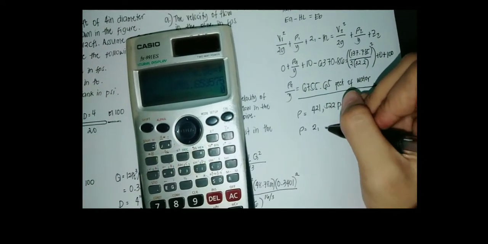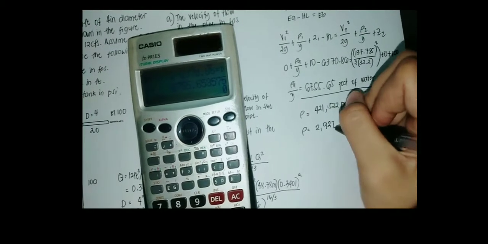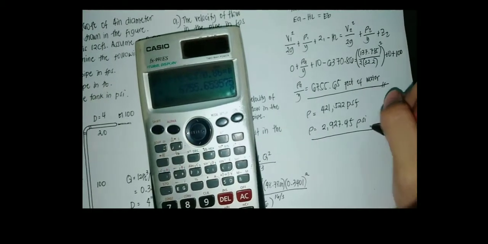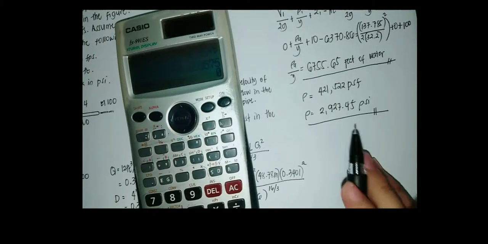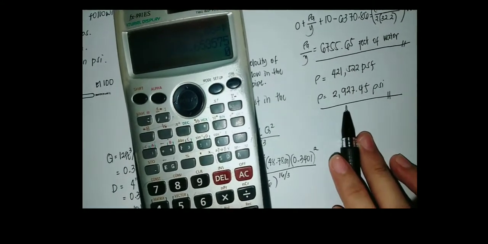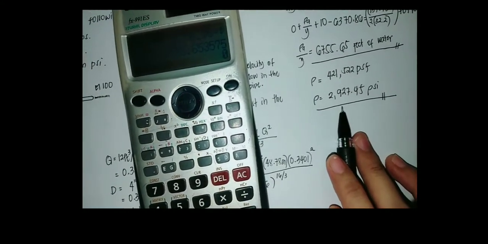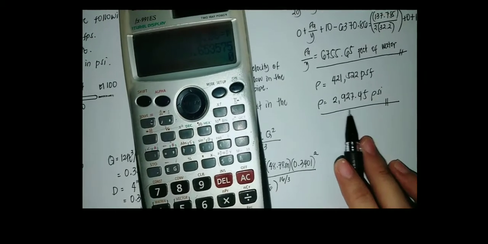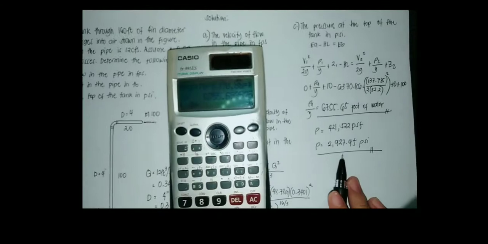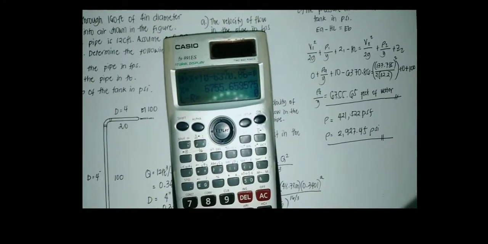The result is 2,927.45 PSI. So this is the result of the energy equation with head loss.